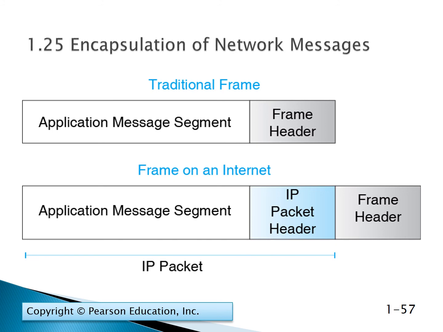But when you transfer a frame on the internet, because we need to store data like the IP address, right? If you only have the frame header, you only have the address within the single network. But then I also need to have the internet address. That's why I also have the IP packet header. So when you want to send a message, remember first we break it down into smaller segments, and for each segment, we add the IP header.